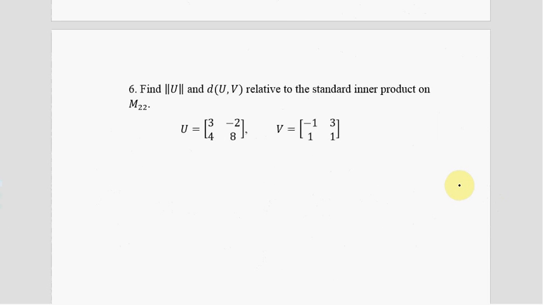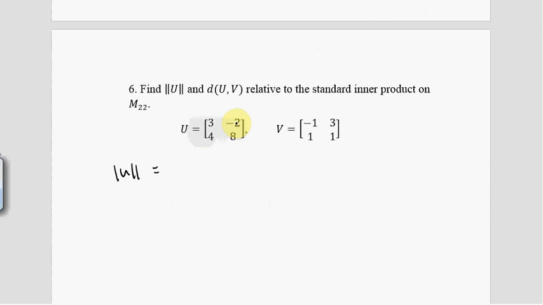Here, what if you have matrices? Find the so-called norm and the distance, using the standard inner product. Again, I don't know about you, but I like the word standard. So here, the norm for U is going to be the square root.